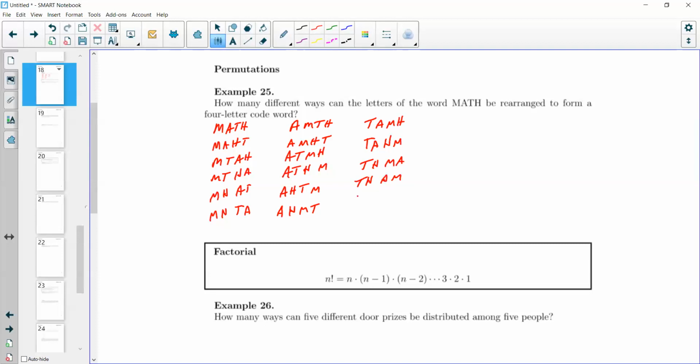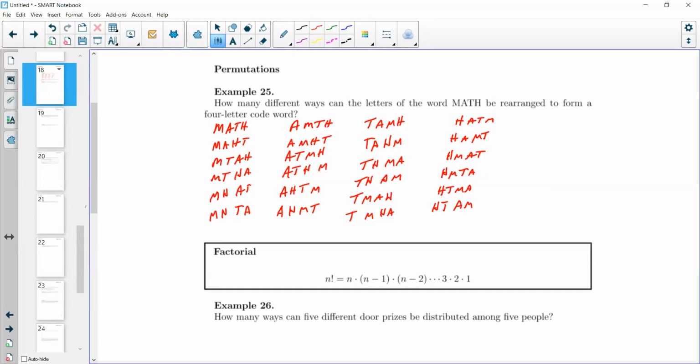TMHA, TMAH, THAM, TAMH. What's letters left? H, A, T, M. HAMT, HMAT, HMTA, HTMA, and last one. Thank goodness.